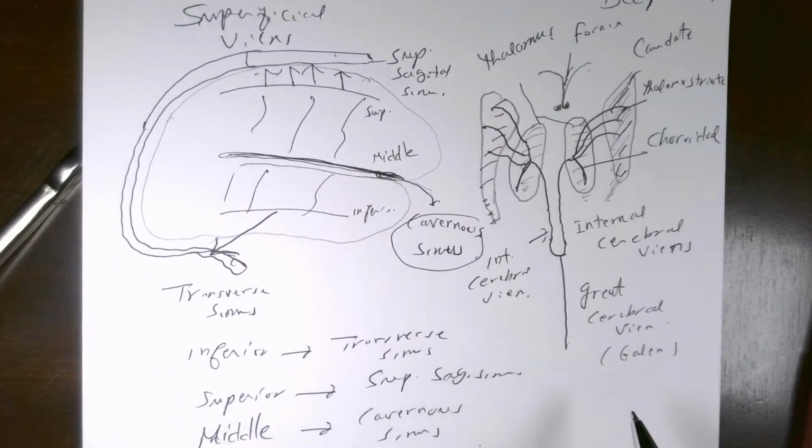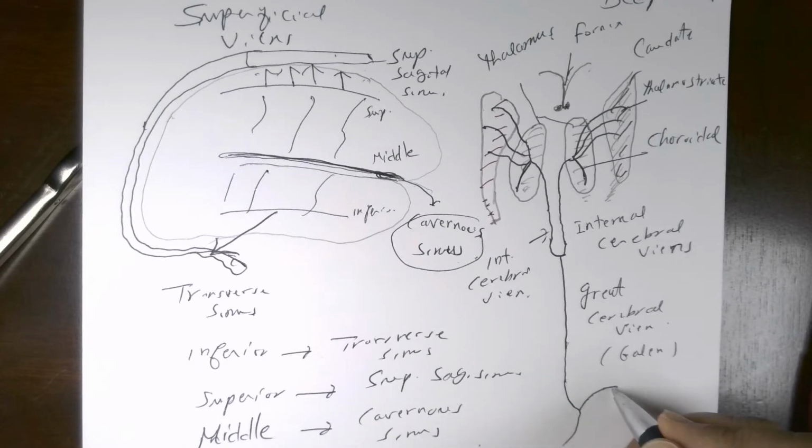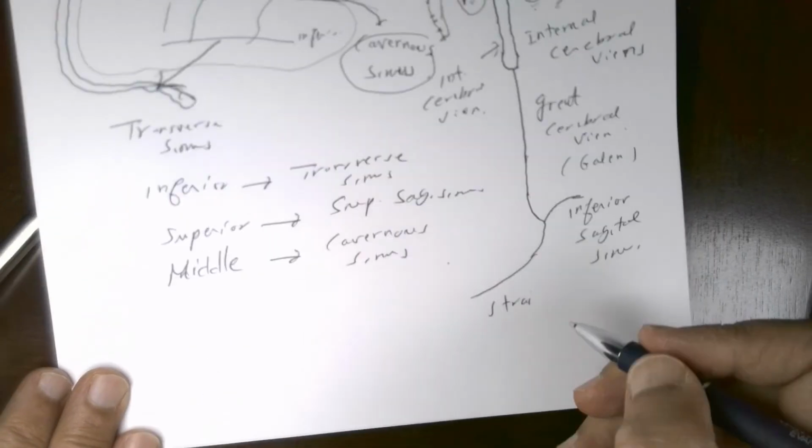This great cerebral vein is going to be joined by the inferior sagittal sinus to form the straight sinus.